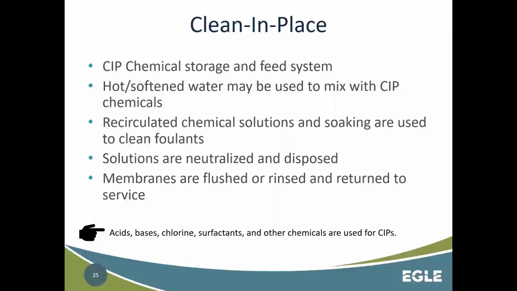The membranes will be soaked and recirculated to try to get any foulants that have become embedded in the wall of that membrane. And then, as I said, some of these chemicals are strong acids and bases or surfactants, so they have to be neutralized and then properly disposed, usually to the sanitary sewer. And then after that, of course, they need to be flushed with potable water or raw water and rinsed before you return to service.